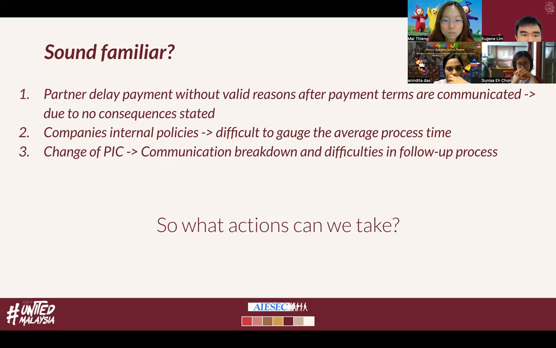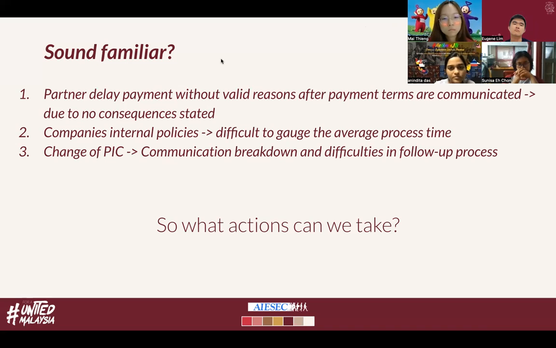Sometimes a partner will delay payment without valid reasons, or the company has internal policies and it's difficult to gauge the process time, or maybe they have a change of PIC, or maybe we have a change of PIC where the VPBD suddenly resigned or something like that. These are scenarios that we cannot always prepare for.